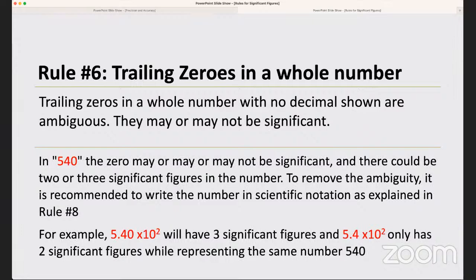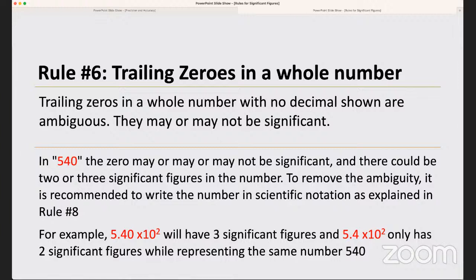So in 540, the 0 may or may not be significant. And there could be 2 or 3 significant figures in this number. So when you see a whole number with zeros at the end and no decimal point, it's difficult to say.